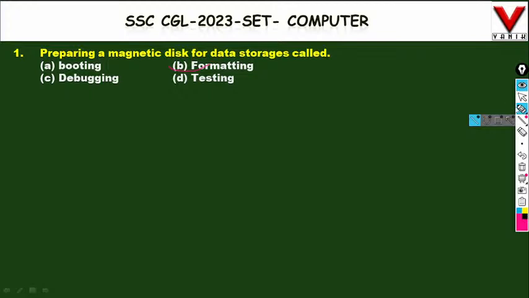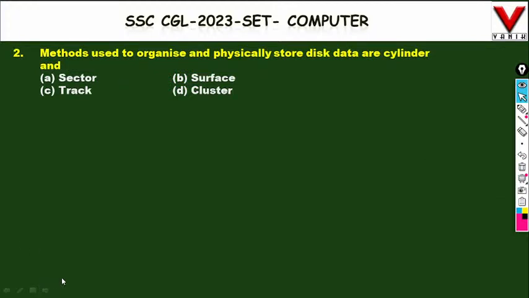Then next question is: methods used to organize and physically store disk data are cylinder and dash.